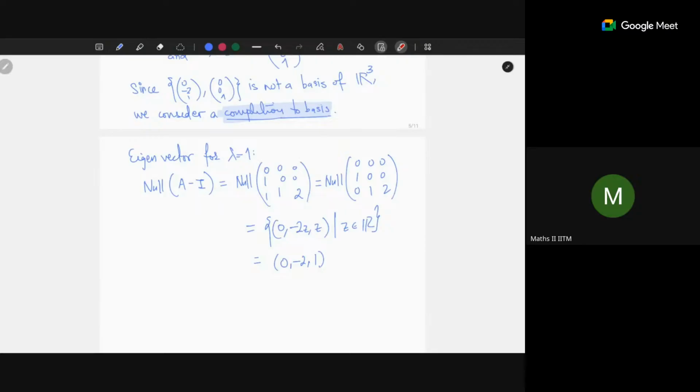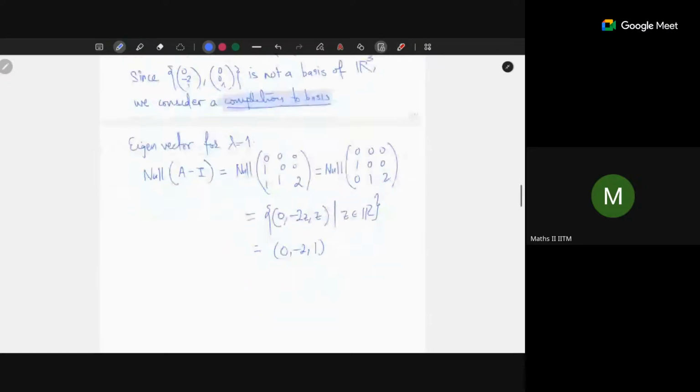Now let's calculate the same for the other eigenvalue.